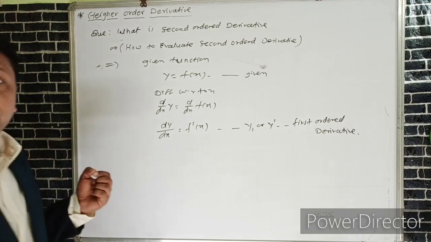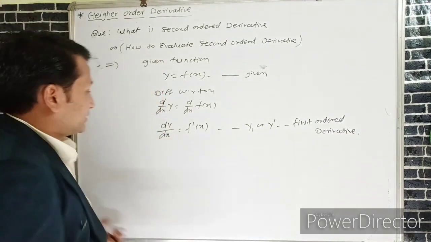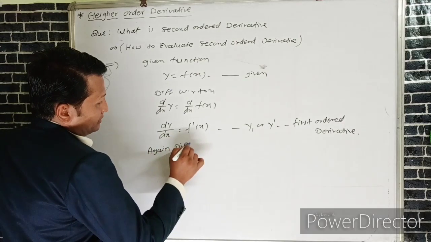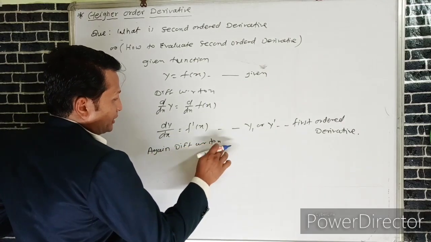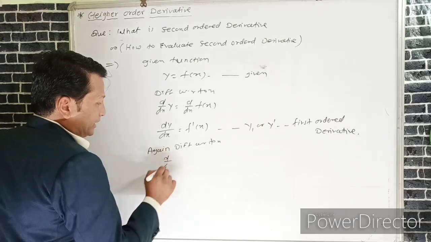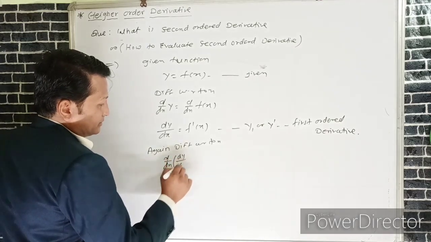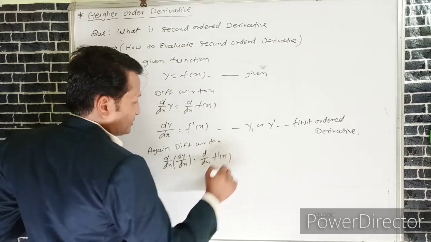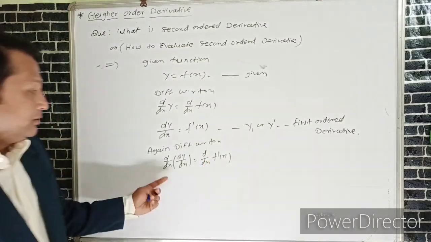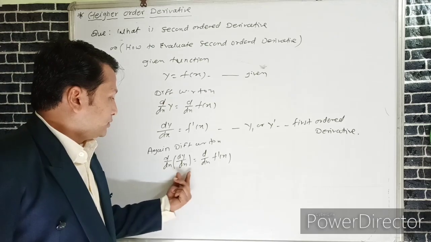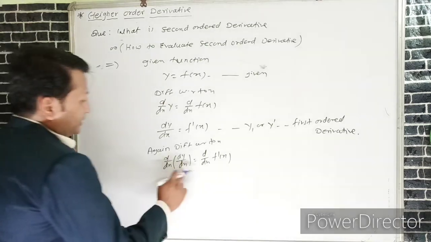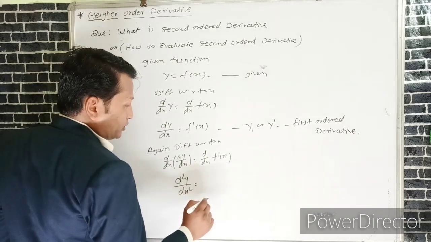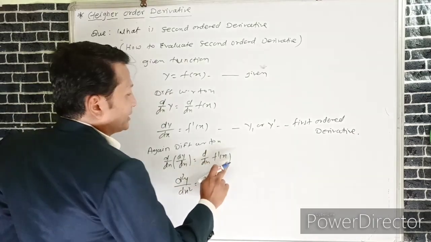Now, if we again differentiate with respect to x the dy by dx, we get the derivative of dy by dx is equal to the derivative of f dash of x. The derivative d upon dx of dy by dx can also be written as d2y upon dx square, which equals the derivative of f dash of x.